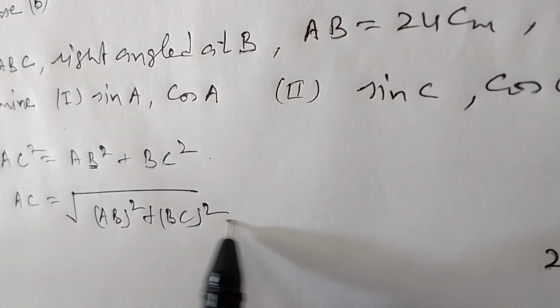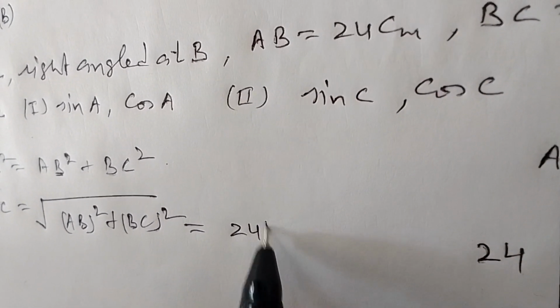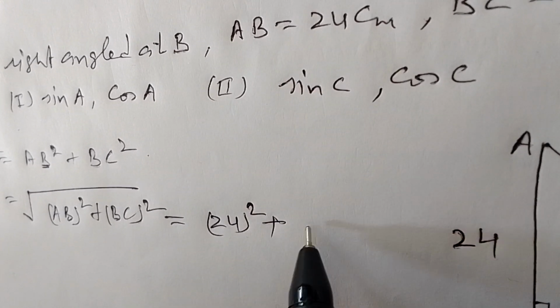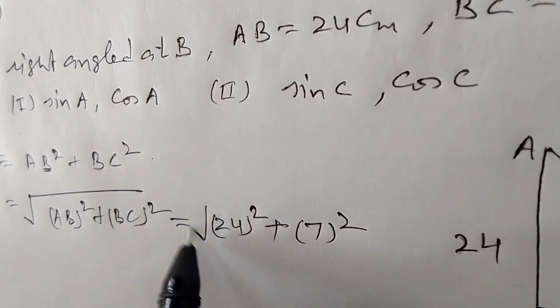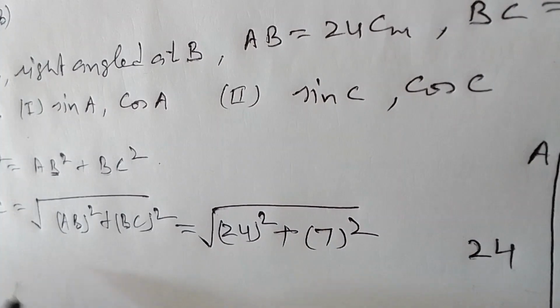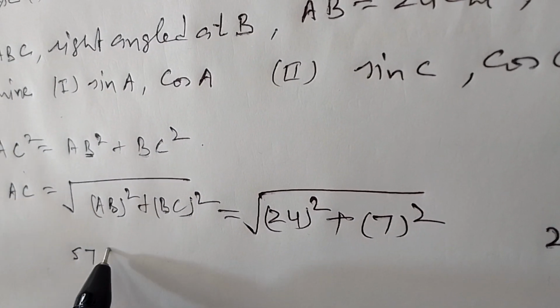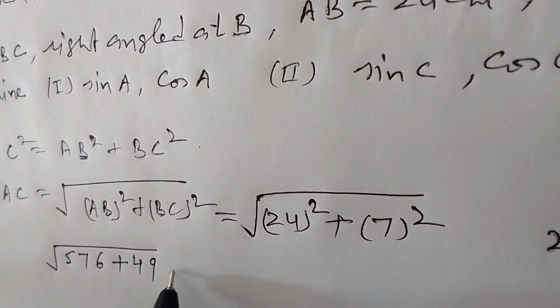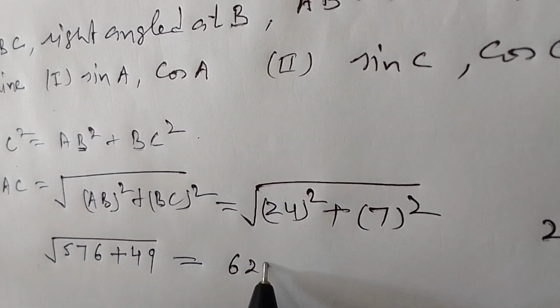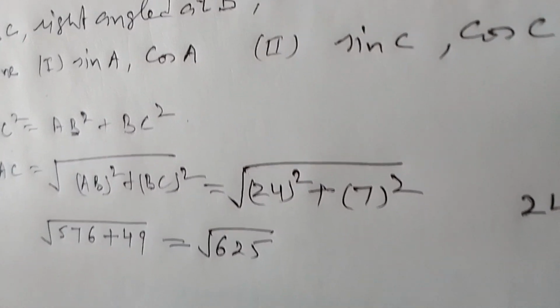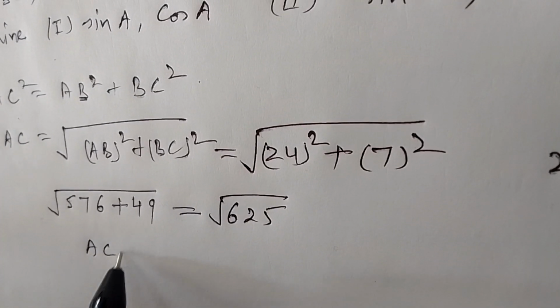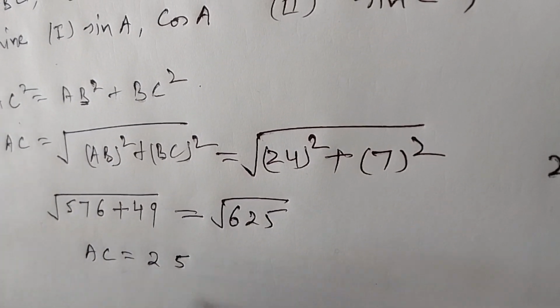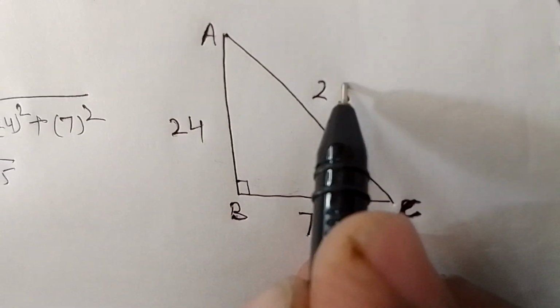Now inserting the values, AB 24 square plus BC 7 square. On simplifying, we get 576 plus 49. It comes out to be 625 under root. So AC comes out to be 25.